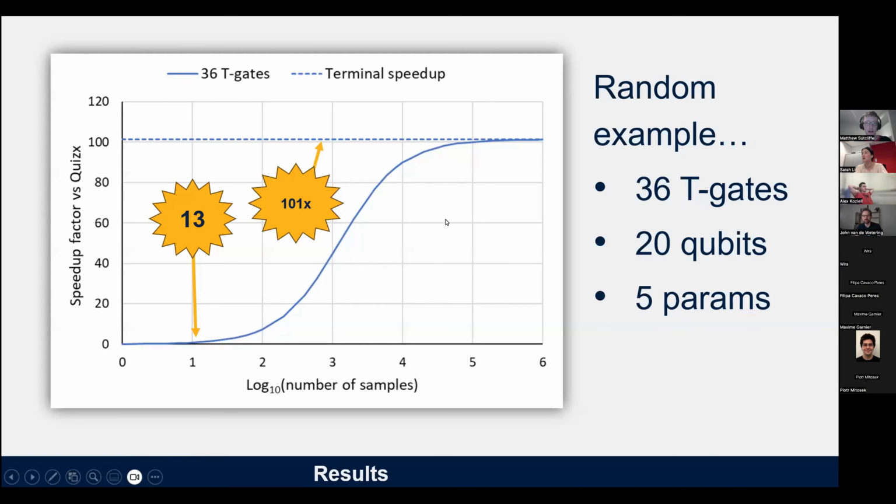In this example case, the terminal speedup is 101. That's what it'll approach as you take more and more samples.